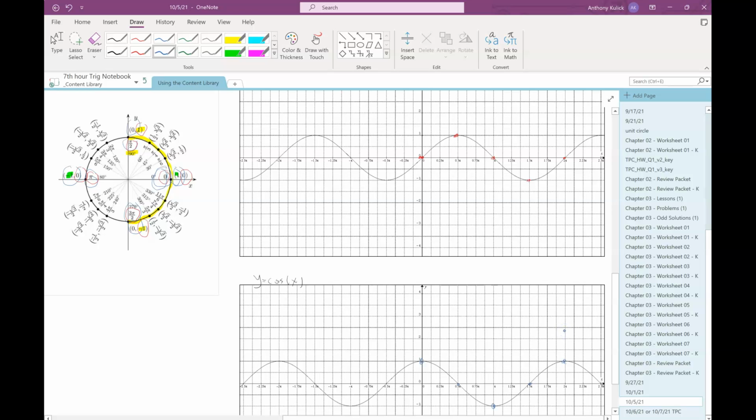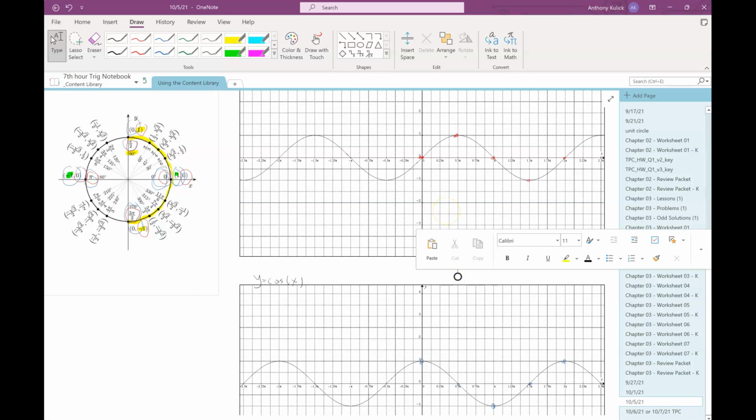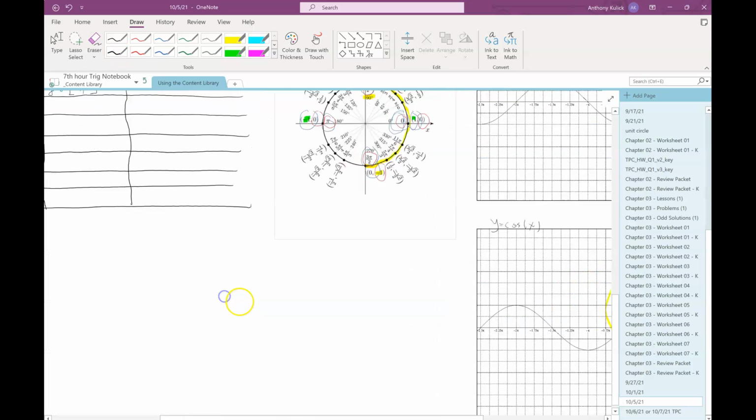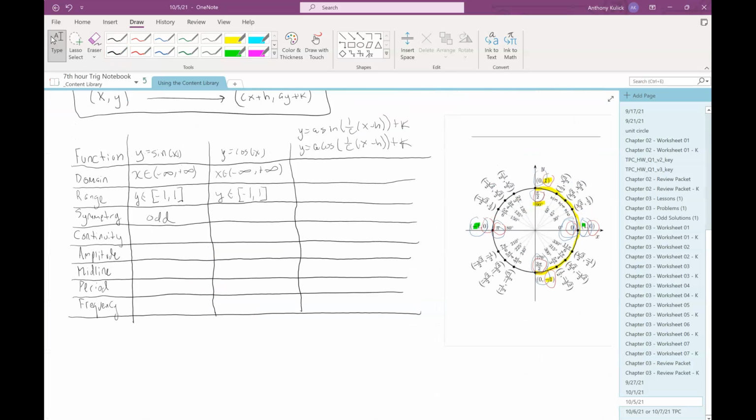And then I could keep going if I wanted to, but I would generate the graph the same way. If I look at the graph of this, notice that quadrants 1 and 2 are like a reflection of each other. That was indicative of a type of symmetry. That type of symmetry was called even.